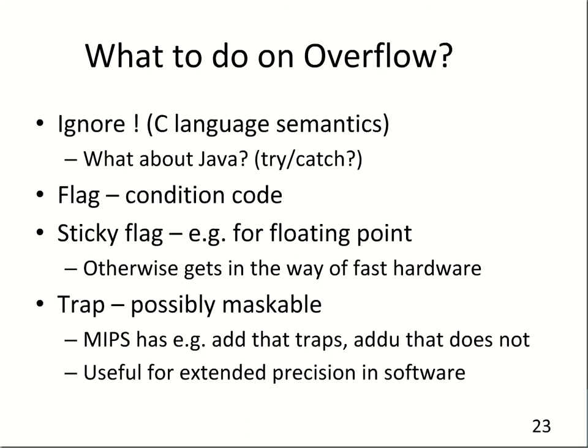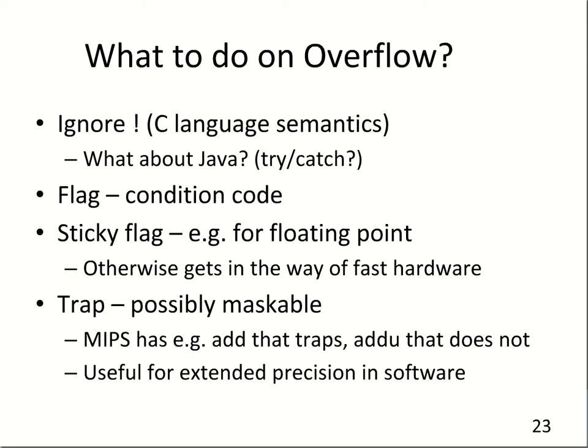We can also have a precise trap or exception for an overflow condition. Oftentimes this is a maskable trap, because sometimes we simply don't care, other times we do care. So the instruction set might have support for either trapping on the overflow or not trapping on it. For example, MIPS has one flavor of add that does trap and a different flavor of add that does not trap.